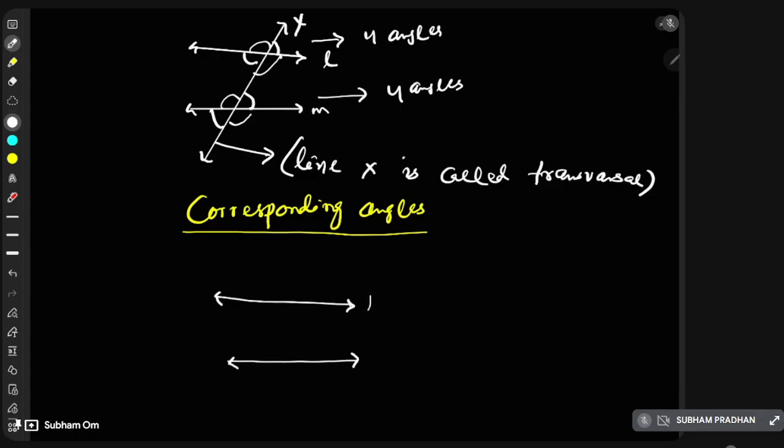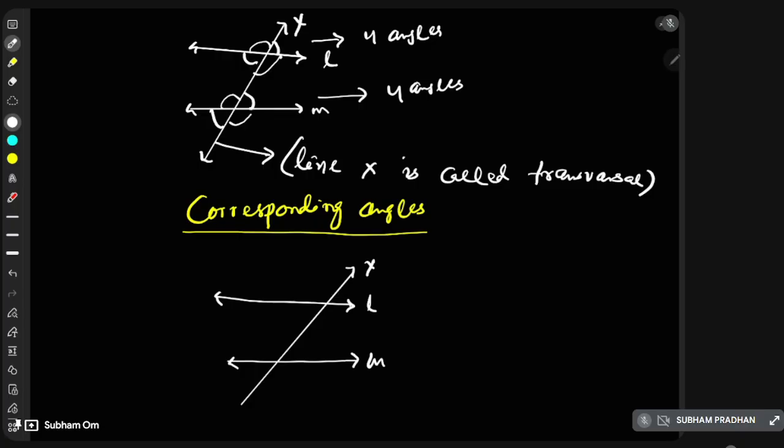This is line L, and this is line M. And this is the transversal, which is intersecting both lines, line L and line M. That is X.